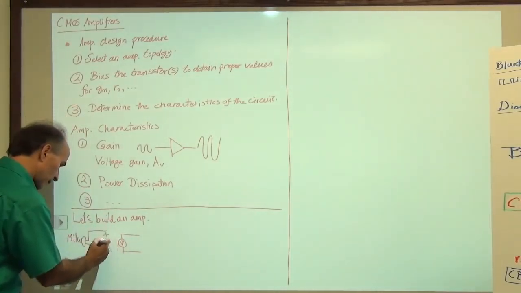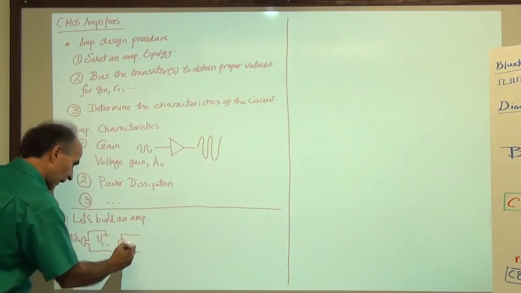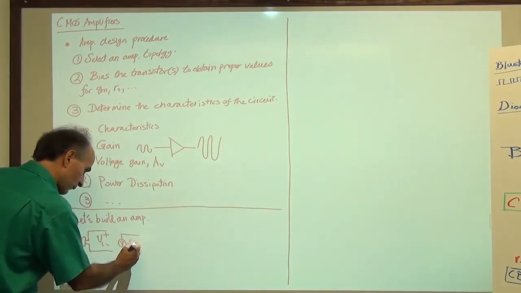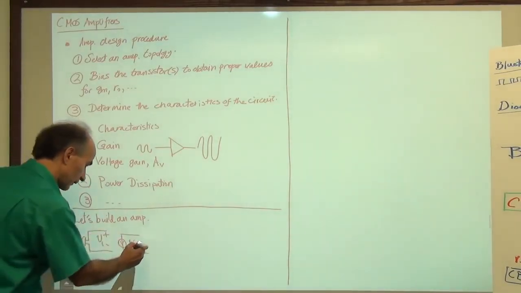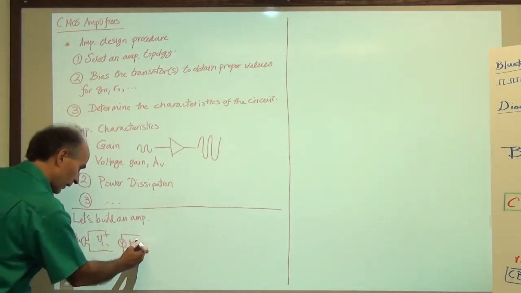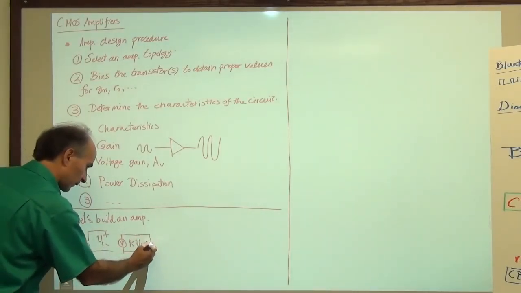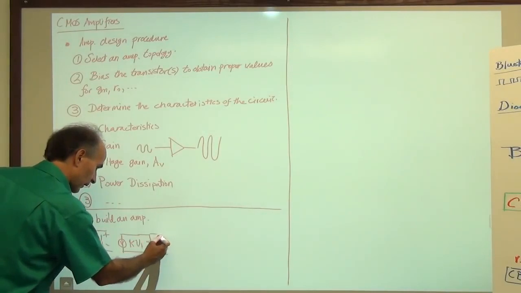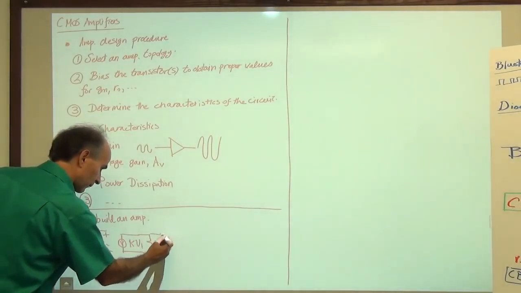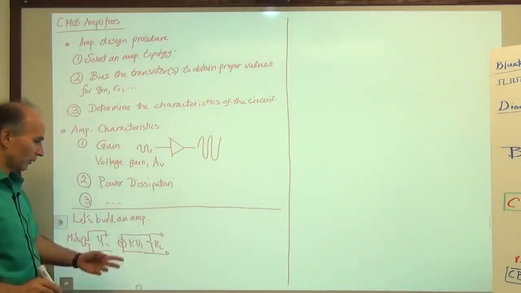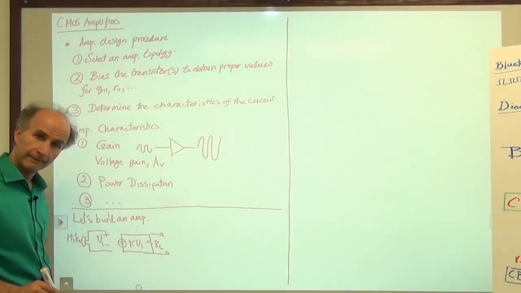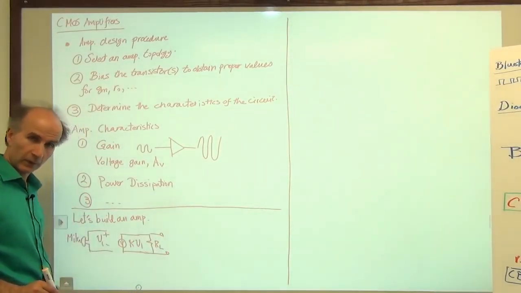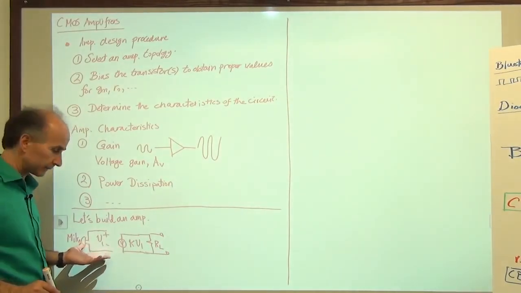So we have some sort of voltage here, V1, and this is some dependent source that we buy, and it generates a current in proportion to this voltage, kV1. We let that current flow through a resistor, RL. That gives us a voltage, and by proper choice of K and RL, I will have some gain. Right? That's how we conceived it at the beginning.